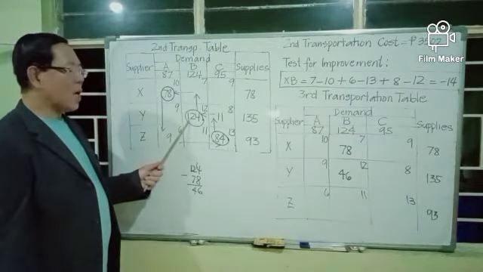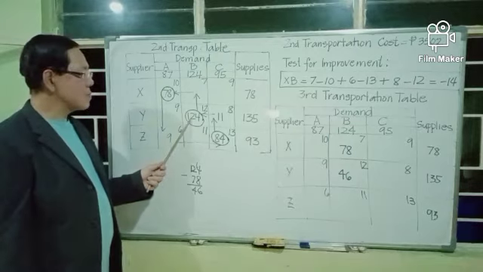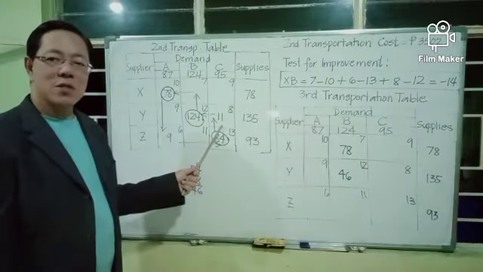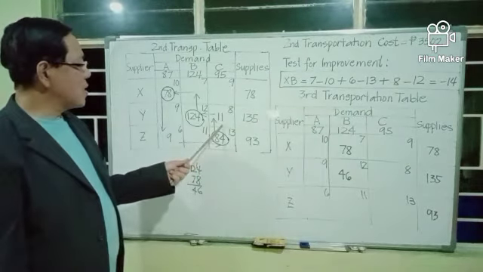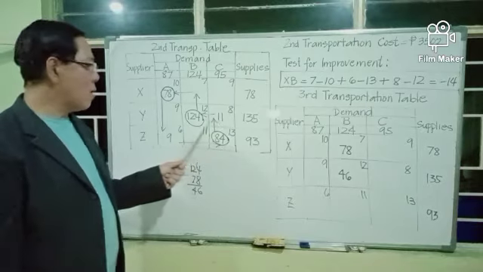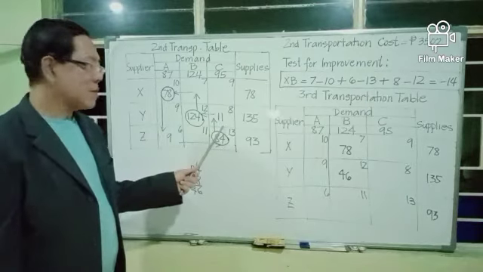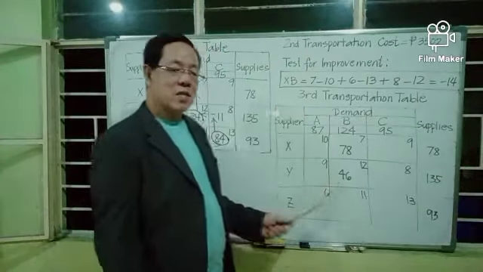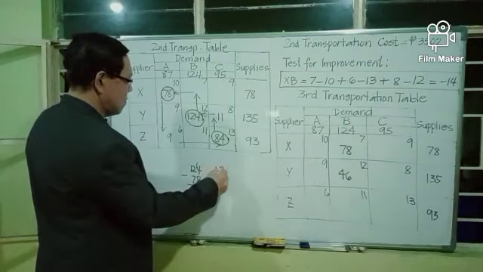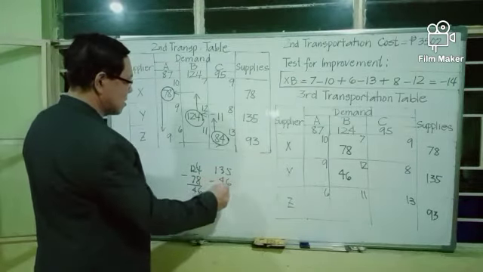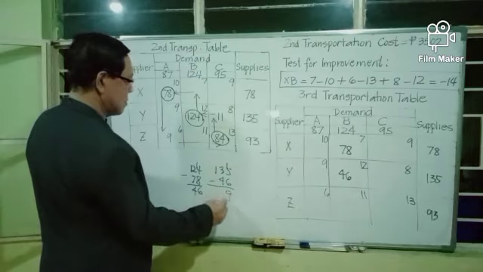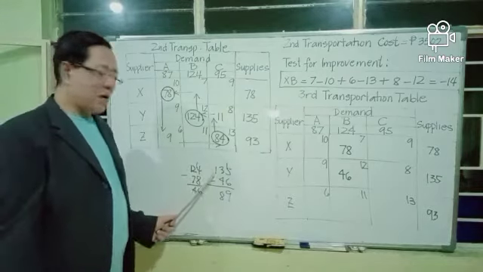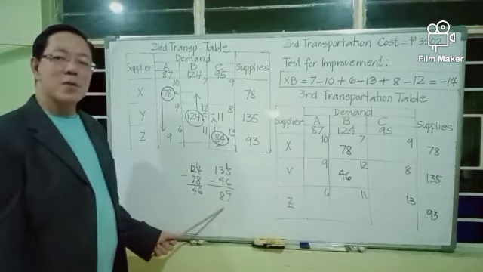Because we change 124 to 46, 11 will also change. And how many units are to be placed now in this cell YC? You have 135 minus 46. 135 minus 46 is 89 units.